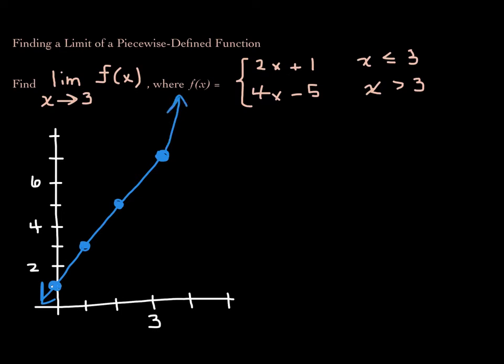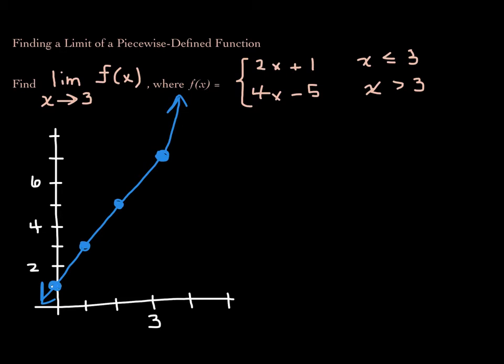Okay? Now, here's the question, everyone. I trust that you're able to graph a piecewise defined function. This is something that we've done in earlier studies. The question here is, what is happening to your f of x values, your function values, as x gets infinitely close to 3?